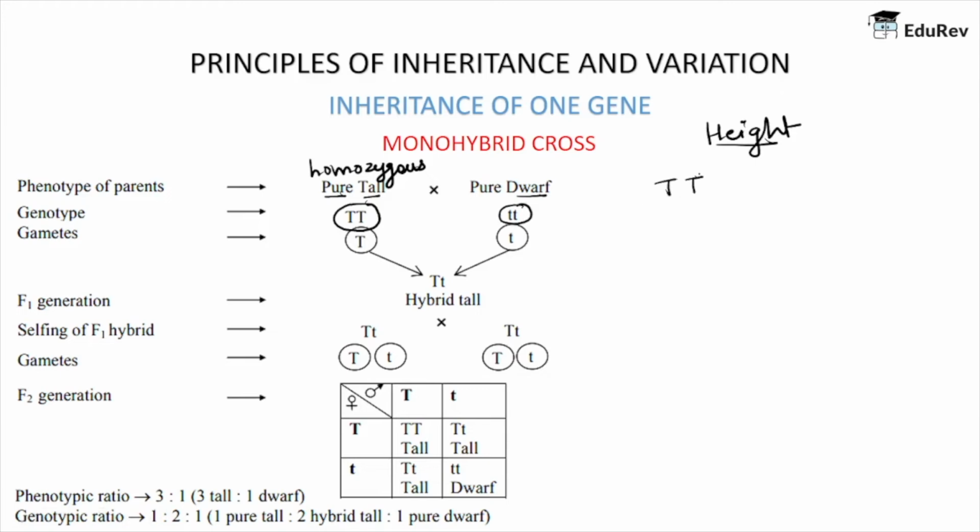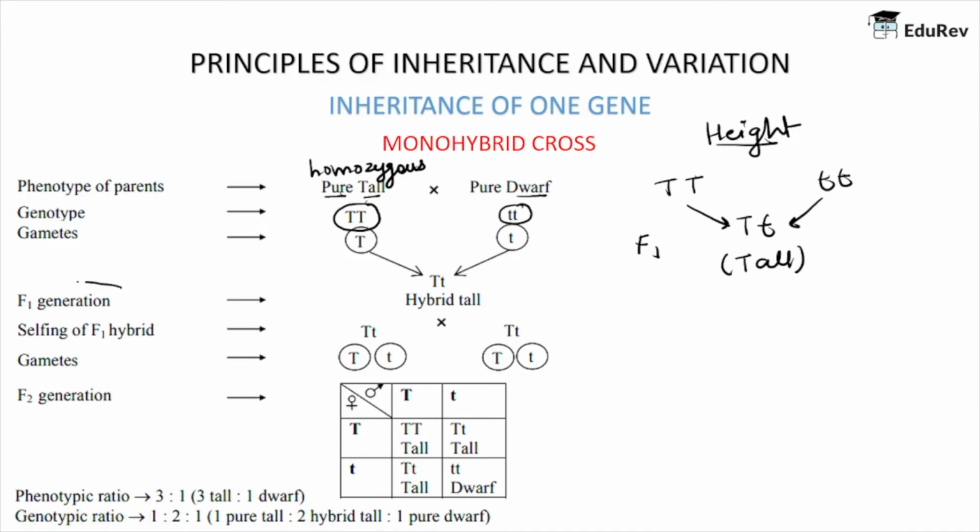By studying gamete formation, we know that only one gamete from male and female will get transferred into the offspring. That one T is coming from one parent and another T is coming from another parent. So this plant is now tall in the first generation, called the F1 generation.